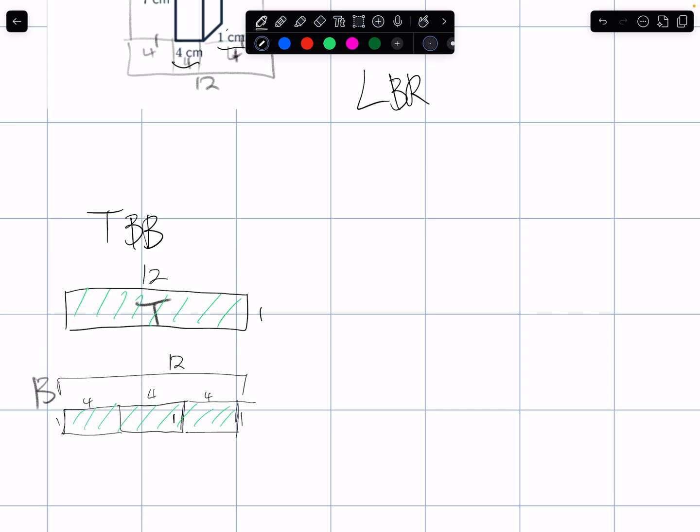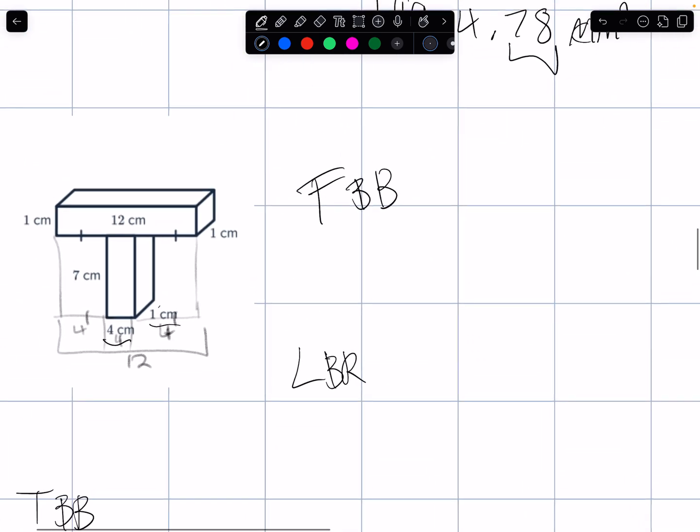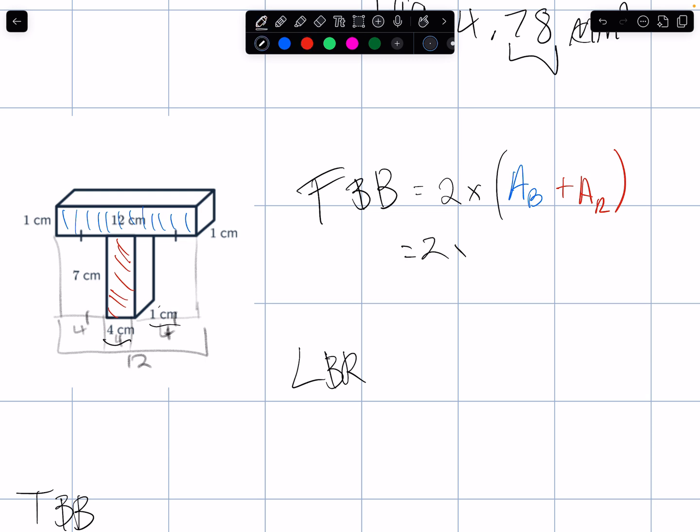So let's go to front and back now. We have here, and we have here. We have them twice because we have the front and the back. So the front and the back is equal to 2 times the area of the blue plus the area of the red, which is equal to 2 times the area of the blue, which is 12 centimeters by 1 centimeter.